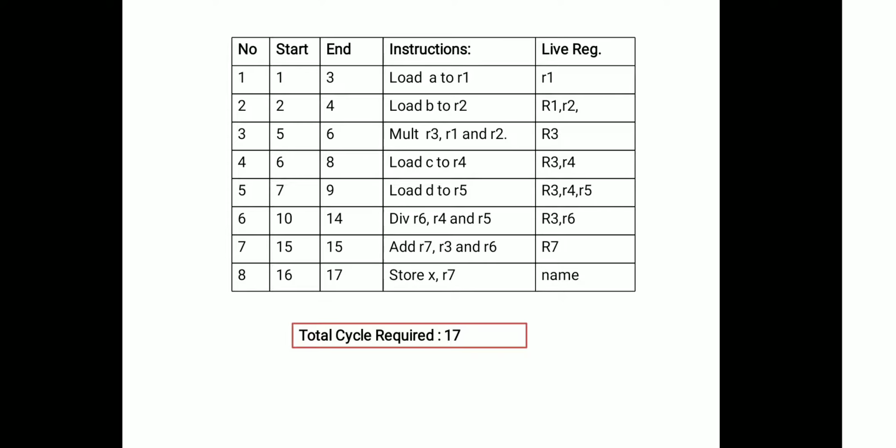Now we have to check how many total cycles are required to execute these instructions. While computing the total cycles, we check the dependency of each instruction. While doing instruction scheduling, the compiler always checks whether an instruction is independent or dependent. An independent instruction does not depend on any other instruction and does not take any input from any other instruction.